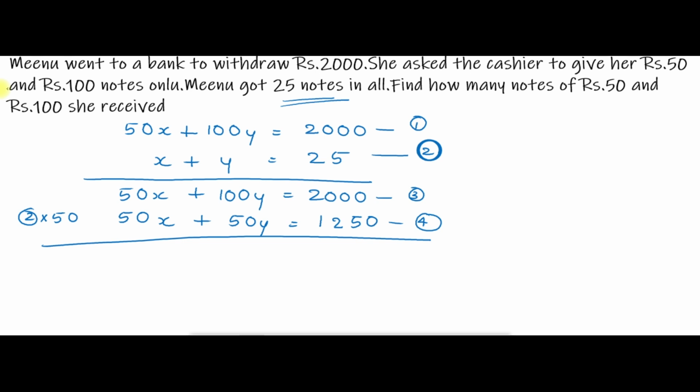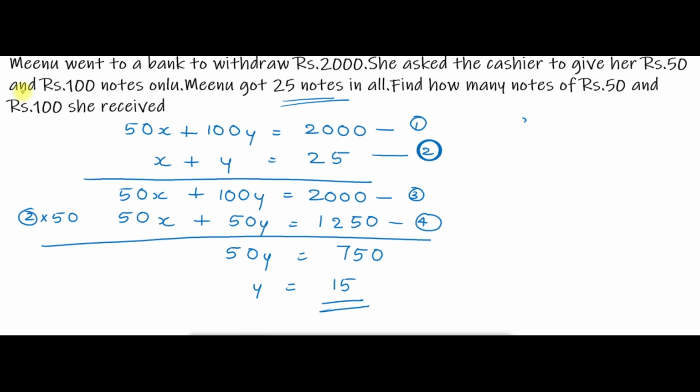So 100y minus 50y which is equal to 50y, 2000 minus 1250 which is equal to 750. So y is equal to 750 divided by 50 which is equal to 15. So you got 15 notes of y.